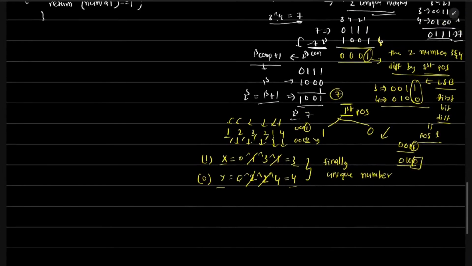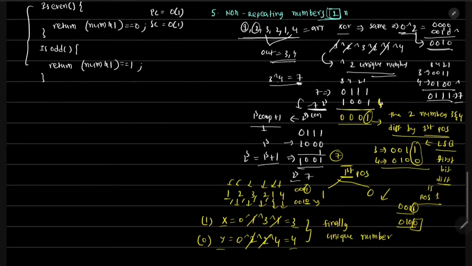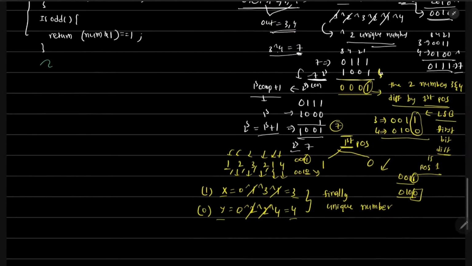So what you're basically doing is very simple. You find the XOR of all numbers, right? The second step is to get the rightmost different bit's position, the position where it differs.